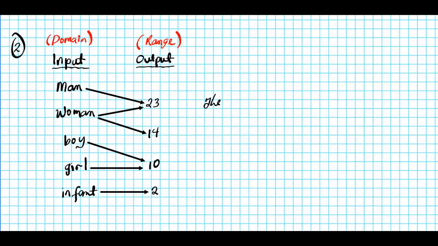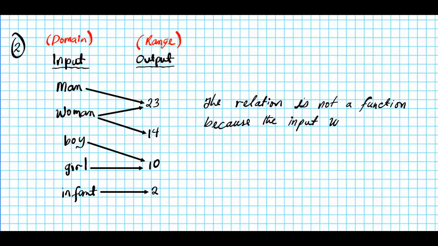The relation is not a function. Why is that? Because the input, woman, is assigned to more than one output.